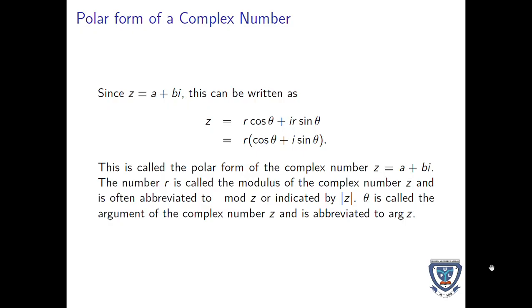Then when you factor the r out, you have z equal to r times cos theta plus i sine theta, where r is called the modulus of the complex number z and is often abbreviated to mod z, or indicated by the notation modulus of z. Theta is called the argument of the complex number z and is abbreviated as arg z.